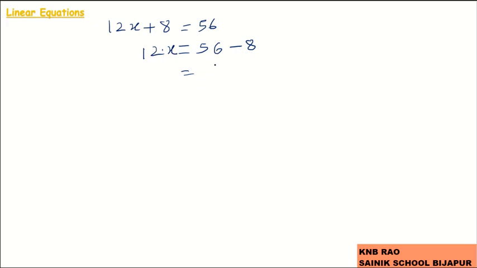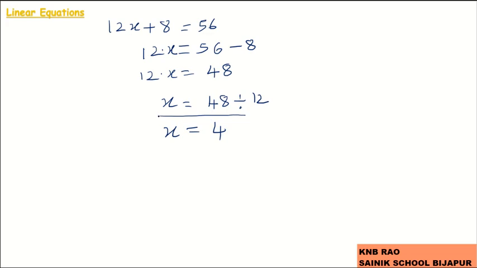Now, 56 minus 8 is 48. So, 12x equals 48. This multiplicand 12 on transposing becomes a divisor. So it divides 48, and on simplification gives you 4 as the value of x.